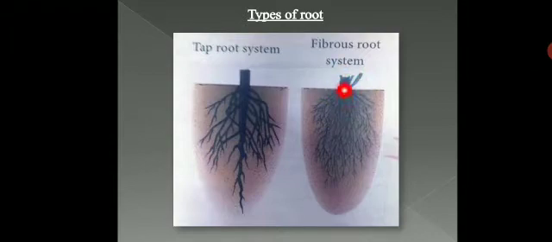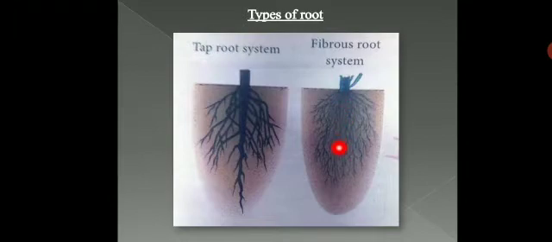Here there is a radicle, but the development takes place away from the radicle, in a thread-like structure or bunch, and it may develop from the base of the stem. Only when the roots develop from the base of the stem is it called adventitious root system.